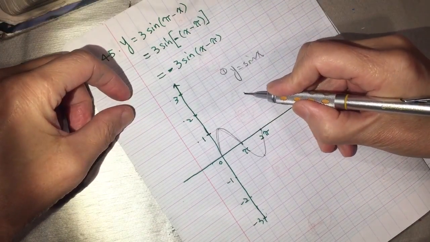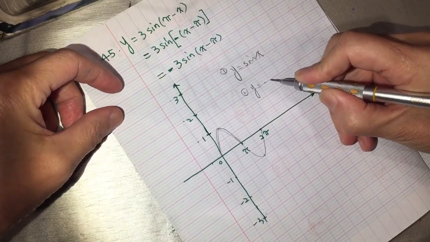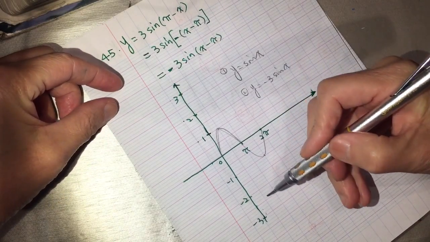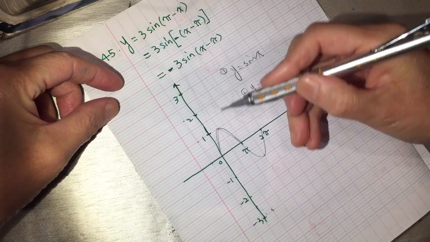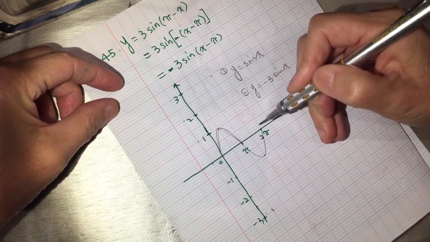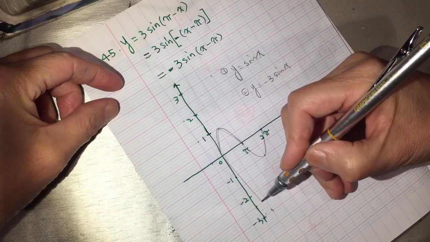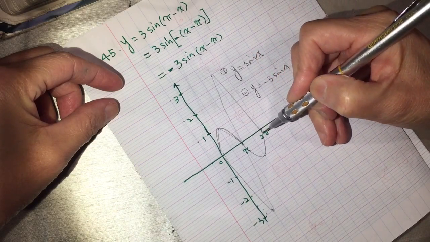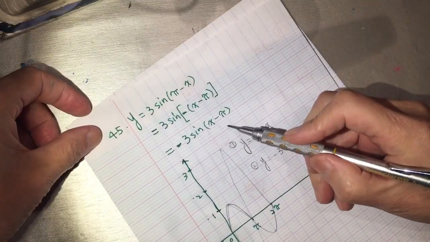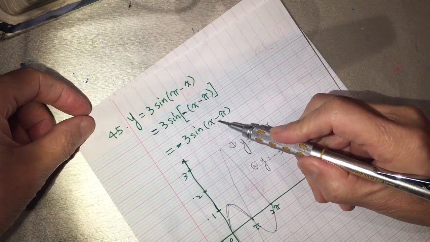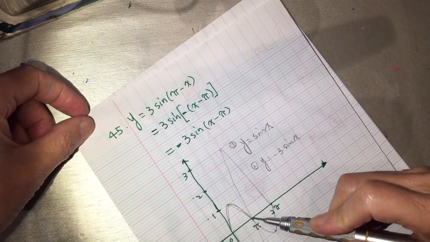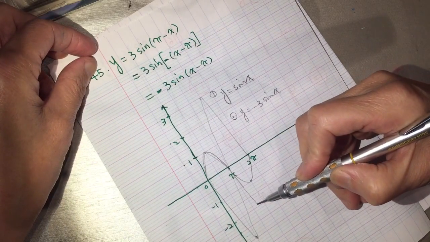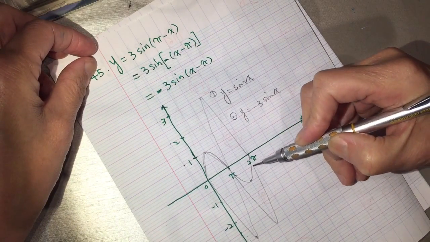And the second step, y equals negative 3 sine x with coefficient negative 3. And here we have a negative pi, and then it means it moves 1 here, so it becomes this.